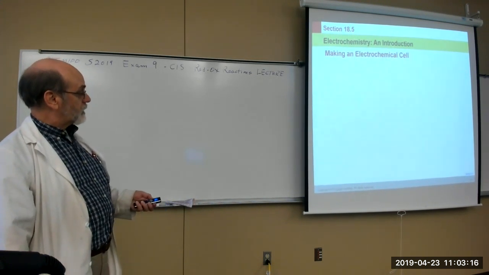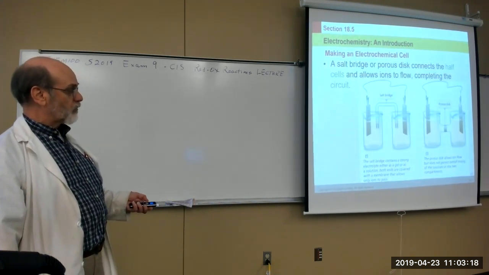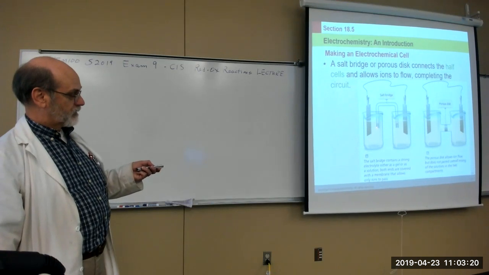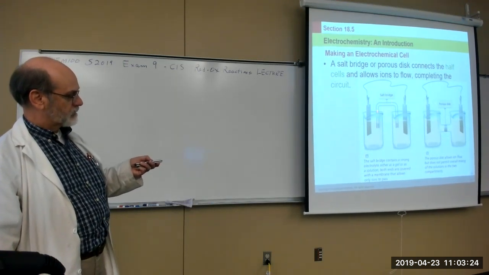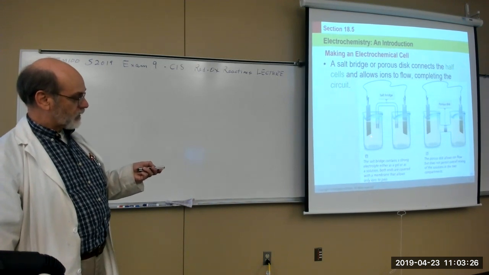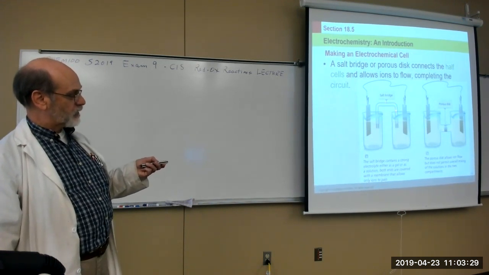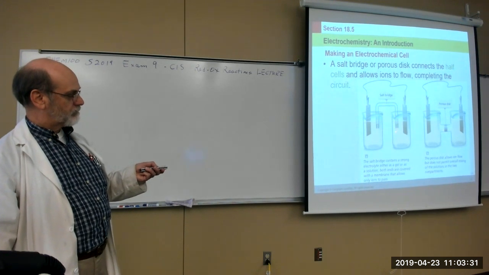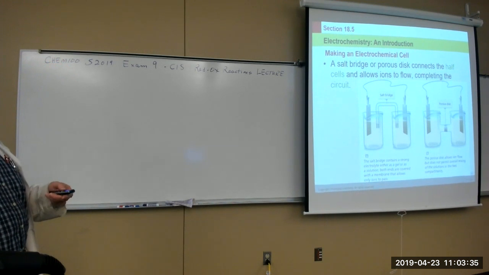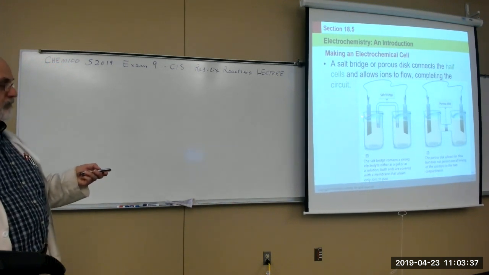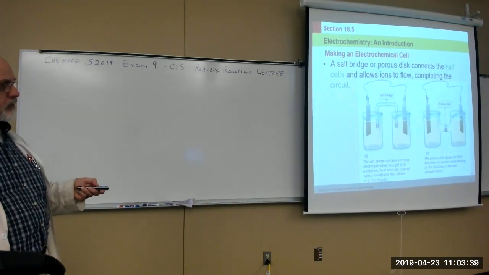So one way to do that is with a salt bridge, right? So we just put a plug in the end of this bridge and we fill it with a salt solution so that it'll conduct current and transfer cations and anions backwards and forwards to balance the charge.